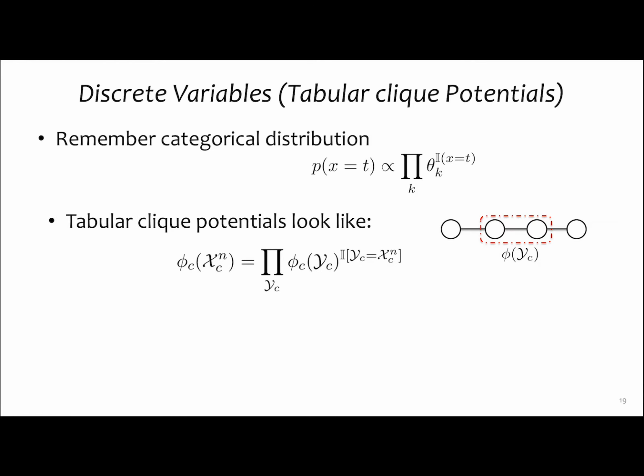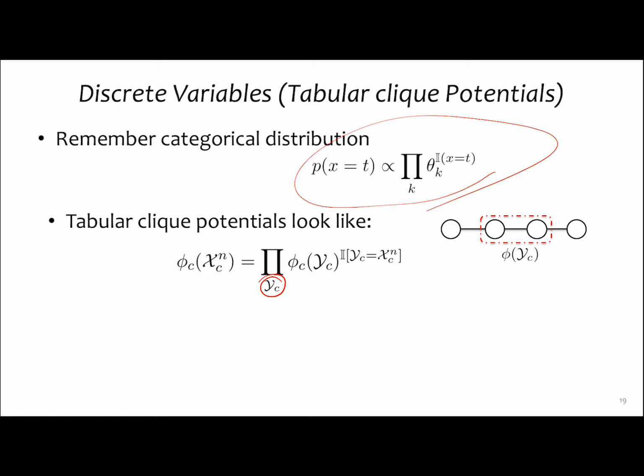So now, let's think that our UGM is discrete. There's no continuous, everybody is discrete. So all of the cliques look like something like this. I can write each of my cliques as follows. Basically, each of my cliques looks like a multiplication over all possible configurations of the values of the clique.